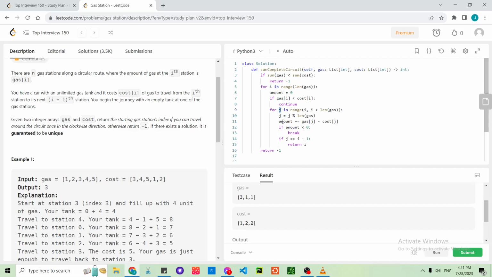Amount is now 2. j is 0 and i is 0, so I see. Okay, and then we go to 1. So then 3, 2, we have 1 left. Amount is now 1. I see, the problem is i here is 0, so this is minus 1. It's never going to be equal to minus 1.